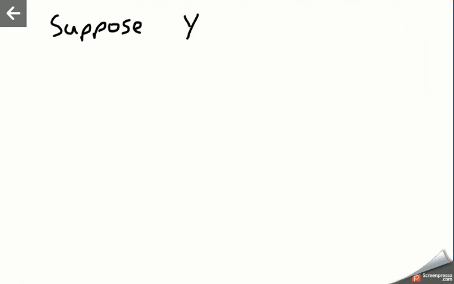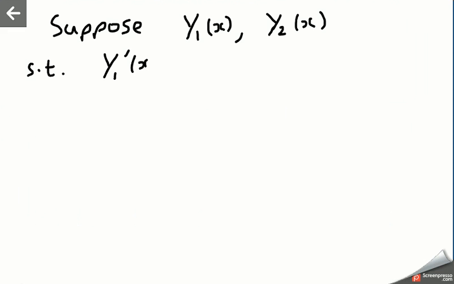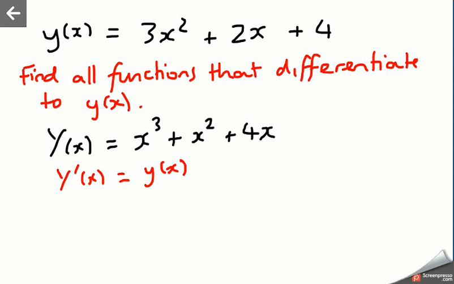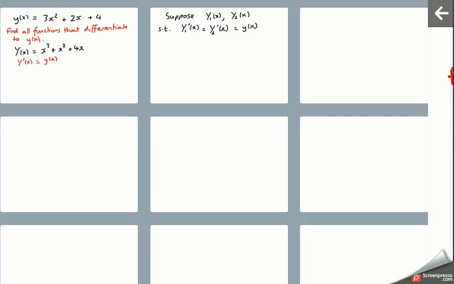We have big Y1 of x and big Y2 of x, such that big Y1 prime of x is equal to big Y2 prime of x equals little y of x. So these two functions both differentiate to give me the function little y of x.